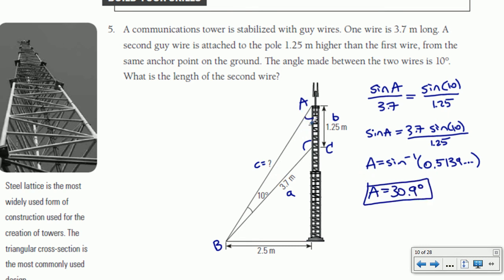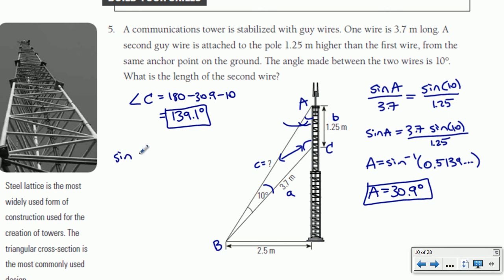And now that we know angle A, we can figure out what angle C is. Because we know 2 out of 3 angles in this triangle, angle C is then 180 minus 30.9 minus 10. So that'll give us 139.1 degrees. And now we know 1 out of 2 here. We can reuse B and B and reapply sine law.